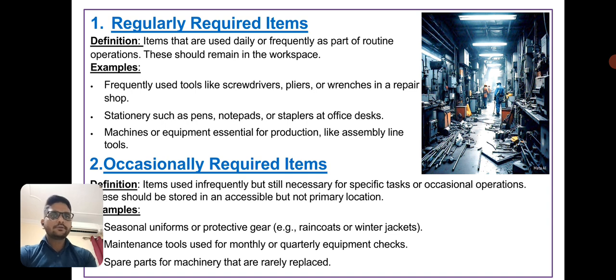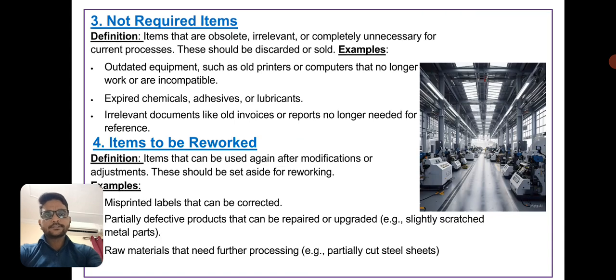And occasionally required is items that are used infrequently but still necessary for a specific task or occasional operations, and these should be stored in an accessible but not primary location.